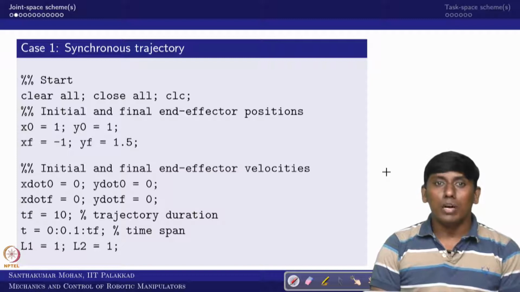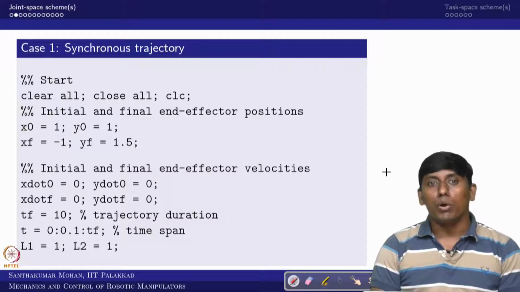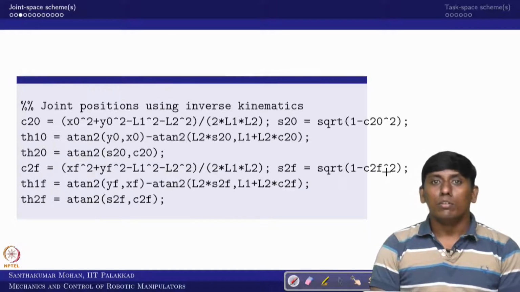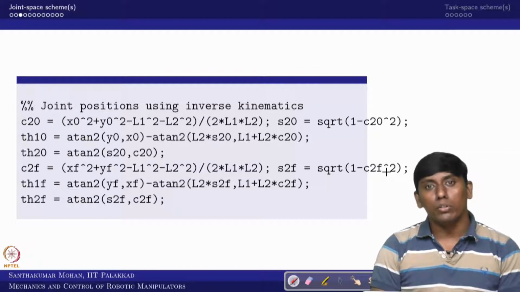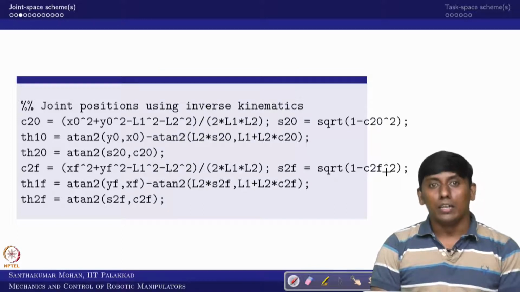Since it is a 2R serial manipulator, the system parameters, the geometric or physical parameters we need to use are L1 and L2 in this case. That also we have considered. Now the first case, we are trying to find the inverse kinematics. We know the inverse kinematics already, based on the closed form equation, so we have used that equation which we derived in the regular lecture.